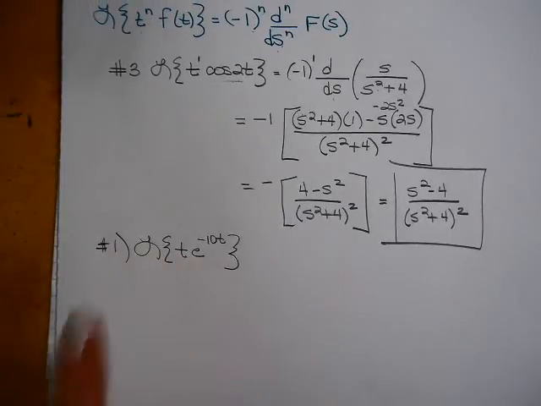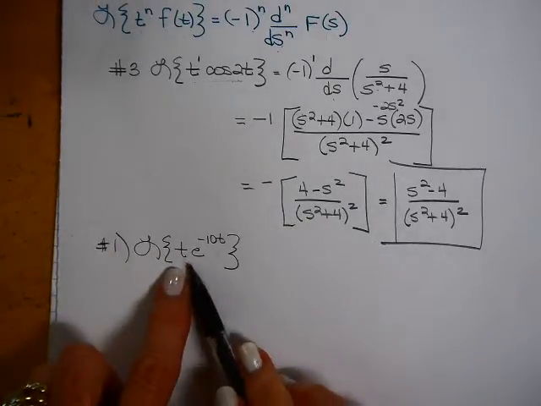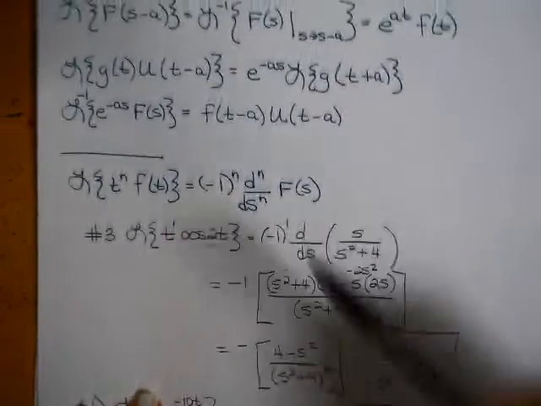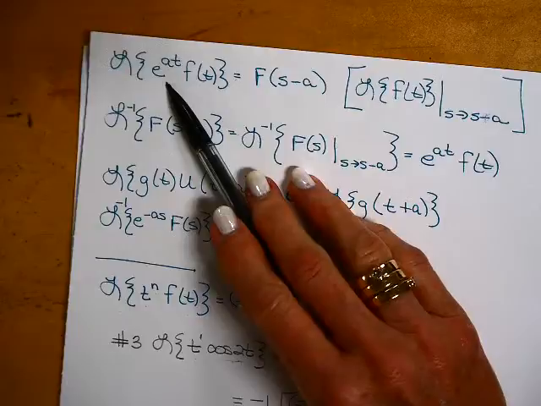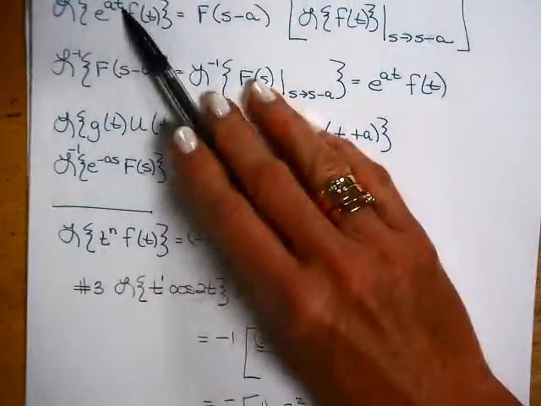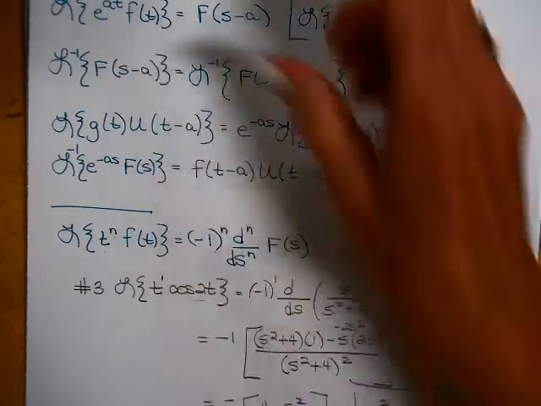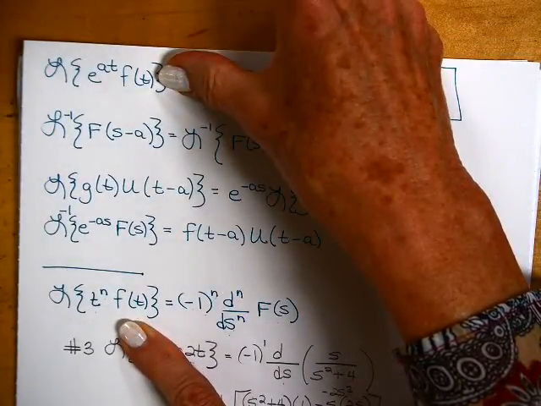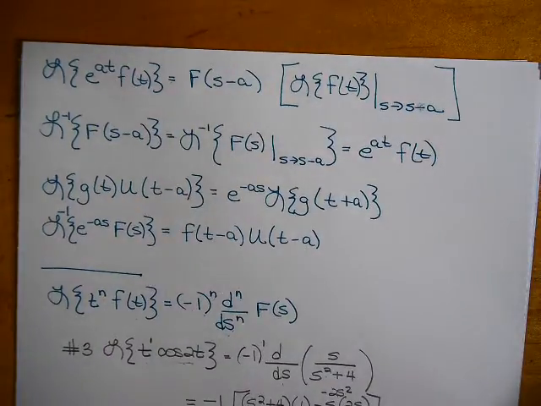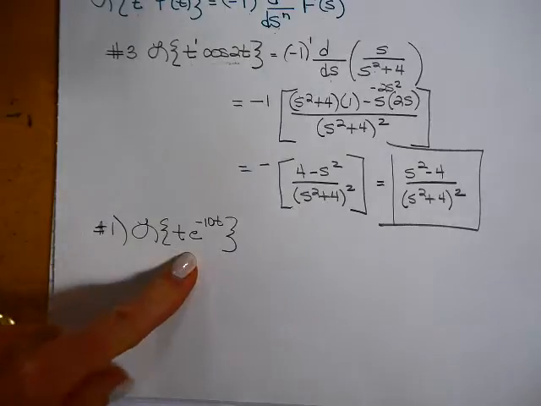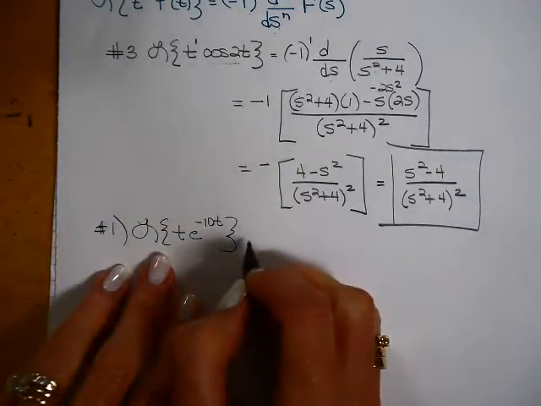All right, this one can be done using this derivative right here, or it can be done using this one, because you have e to the at multiplied times f of t. So you actually got a choice on the methods that you use for something like this. It doesn't matter, you should get the same answer, but just because we're in this section, let's go ahead and use the new rule so you can see how the new one works.